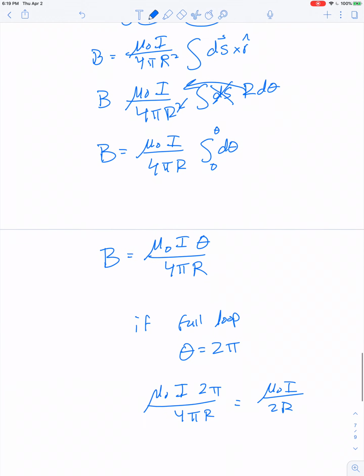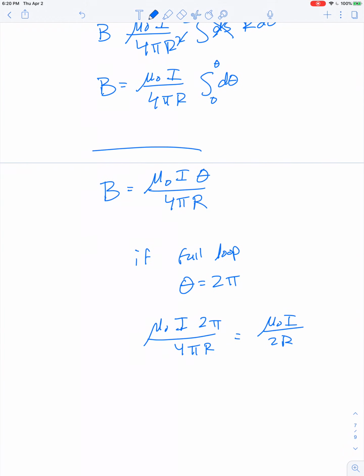But a more general equation would be for any angle of a curved wire. The magnetic field at the center of curvature is mu naught I theta over 4 pi r, and let's be careful: theta has to be expressed in radians for this equation to be valid.